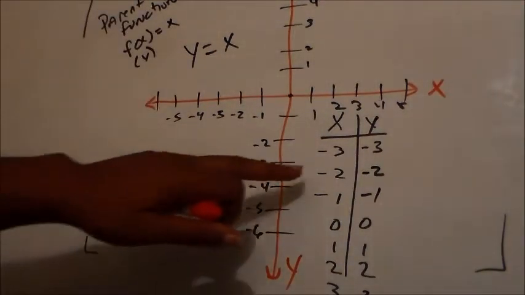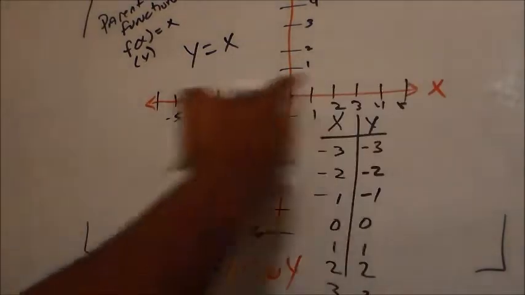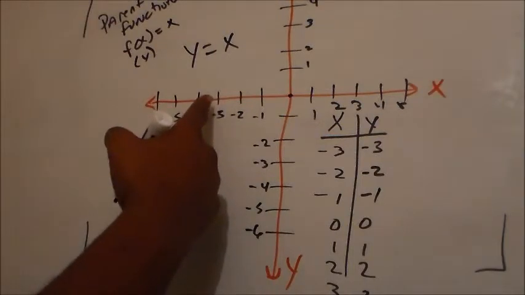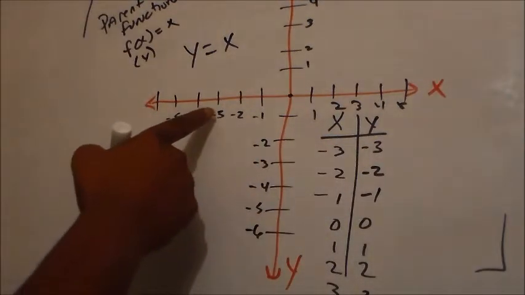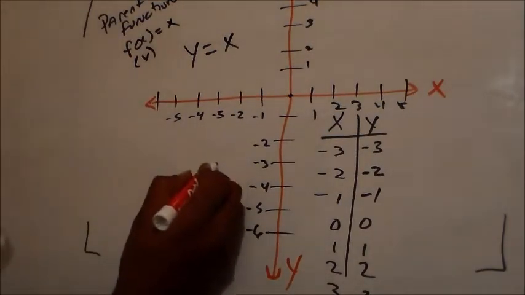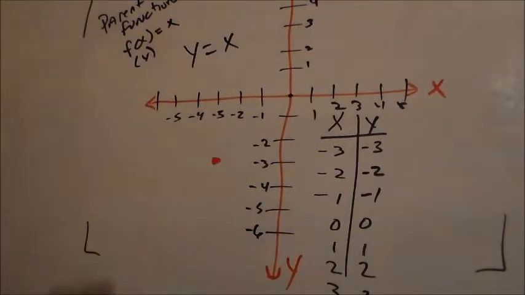So if our x value is negative 3, on our x number line we go over negative 1, negative 2, negative 3. Our y value is negative 3, so negative 1, negative 2, negative 3. I'm going to use red on this one, so we should land right about here with our point.